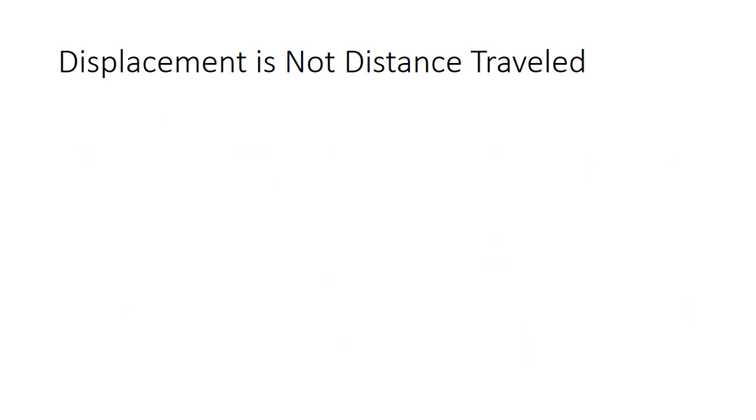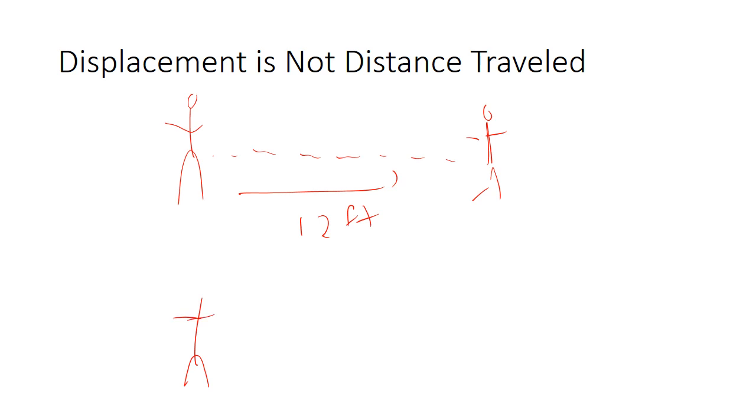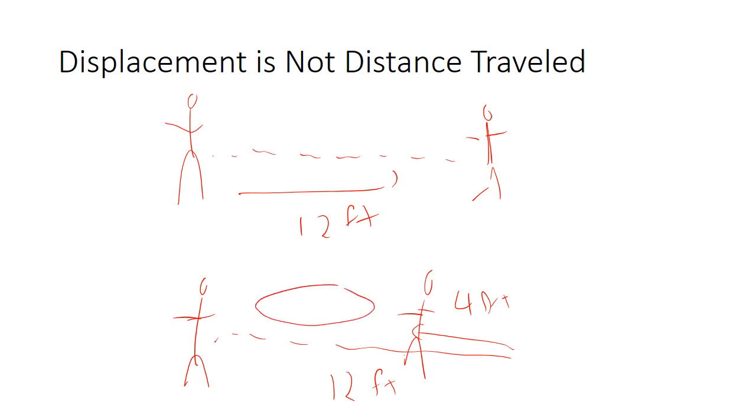Displacement is not the same as distance traveled. Okay, so imagine someone standing right here and they walk over here a distance of 12 feet. So the displacement is 12 feet. The distance traveled is 12 feet. But if this person walks over here a distance of 12 feet and then they walk back a distance of 4 feet, the displacement is 8 feet.